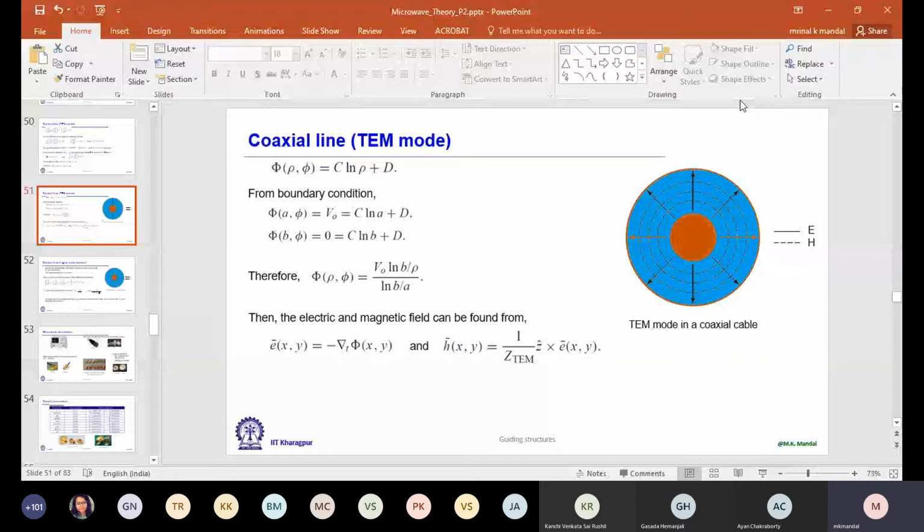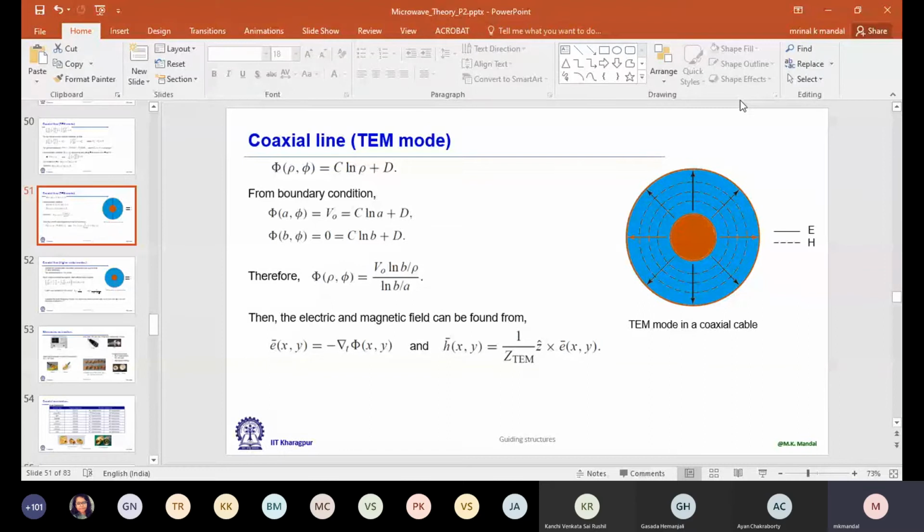Well, but it has the greatest advantage that we have semi-rigid and flexible cable. That means you can turn it, you can twist it. So that's why, particularly for connections and with measurement instruments, RF cables are widely used, even at millimeter wave frequencies. Now millimeter wave cables are also available.